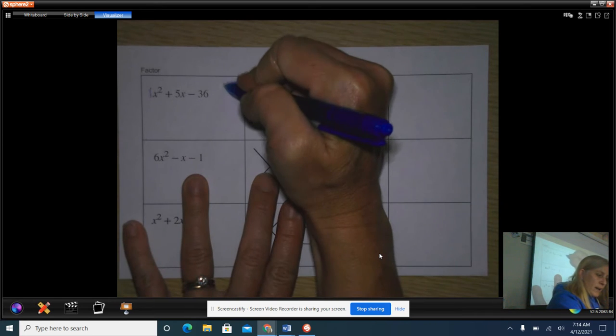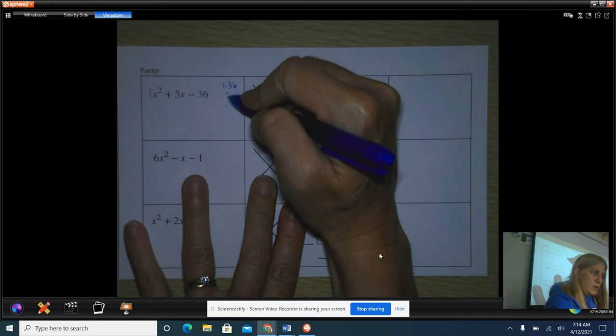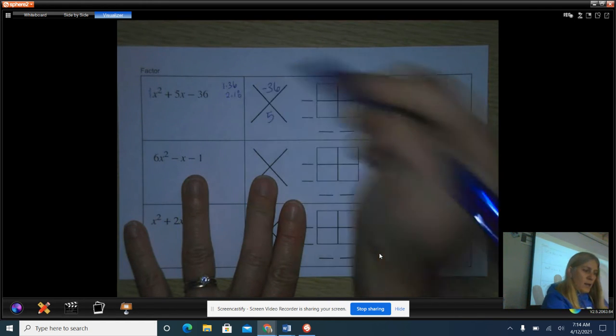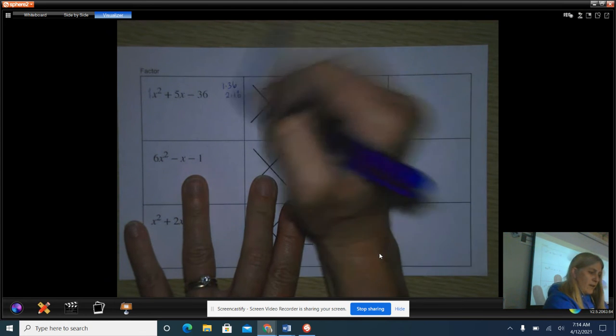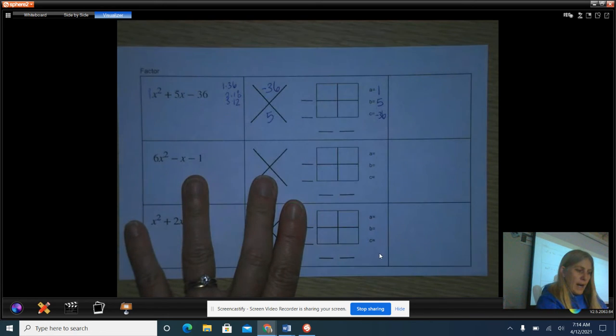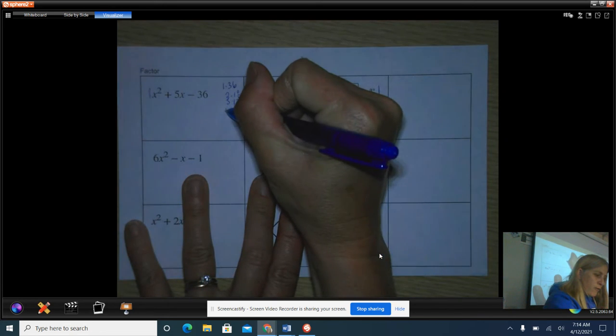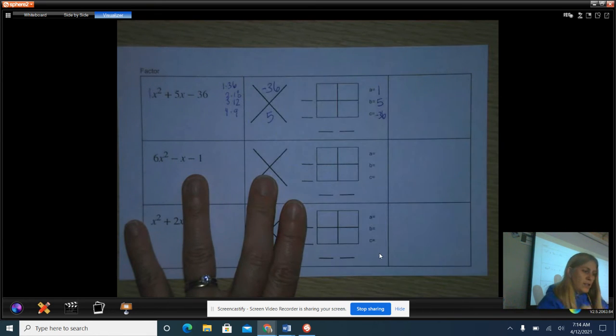So we go ahead and look at those factors. 1 times 36 is 37 or 35. I'm looking for a 5. We have 2 times 18, which is 20 or 16, still looking for a 5. We have 3 times 12, which is 15 or 9. We have 4 times 9, which adds to 13, subtracts to 5.